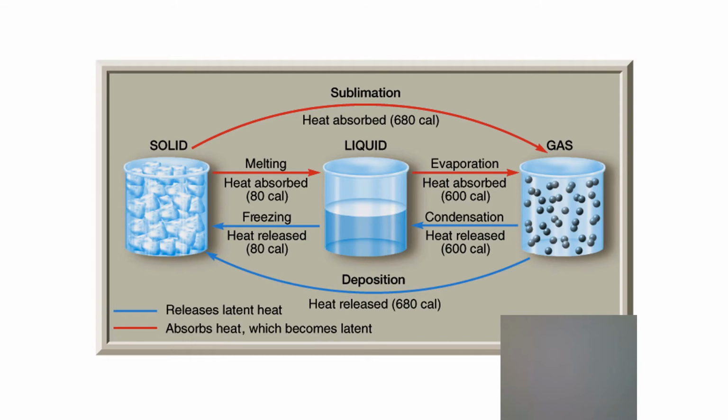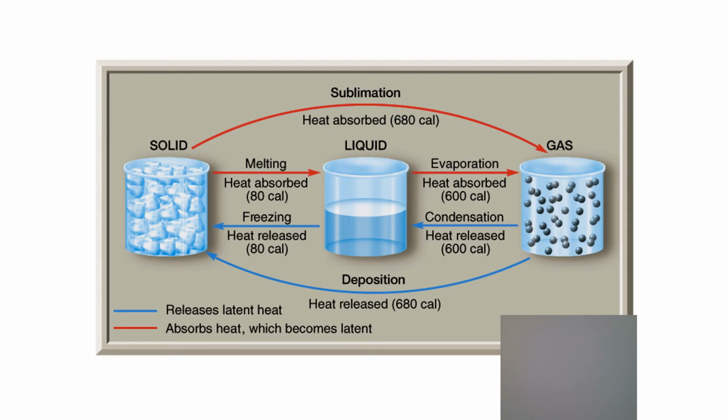So we have ice. If that 1 gram of ice absorbs 80 calories of energy, then those molecules begin to move a little bit faster. So those calories go into breaking those bonds, not into raising the temperature of the liquid, which would still be at 0 degrees Celsius.